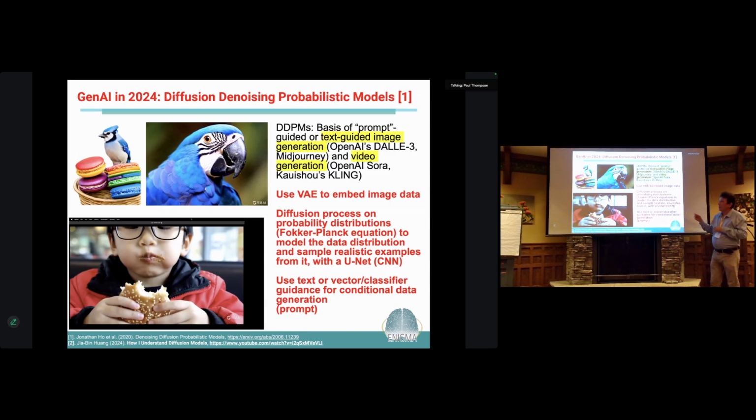And they're basically saying there's real data, and we'd like to take the embeddings of data and stretch that data using a flow or an evolution equation so that we can model the real, very complicated data, and then sample from it. And you can use text or a vector for classifier guidance for conditional data generation. So in this context, it's a prompt. A text prompt says what to generate. In our context, it's a vector. You could say, I'd like a brain with a certain age, sex, and other characteristics.